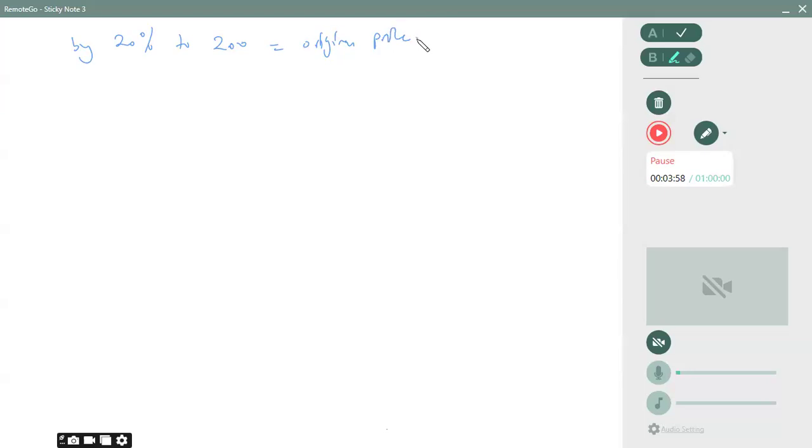How are we going to get to the original price? The original price will be 200 plus 20% of 200.